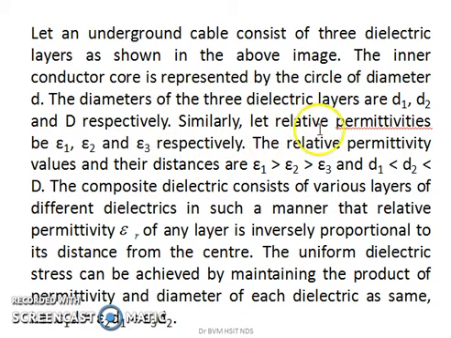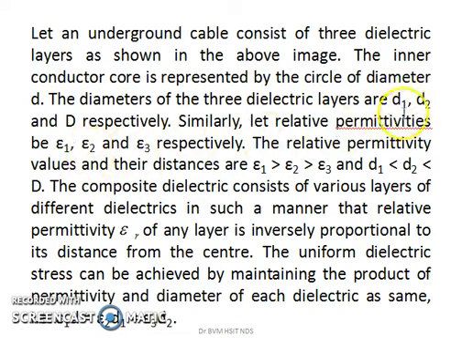Similarly, let the relative permittivities be epsilon 1, epsilon 2 and epsilon 3 respectively. What does respectively mean? Epsilon 1 is the permittivity of the dielectric having diameter d1.